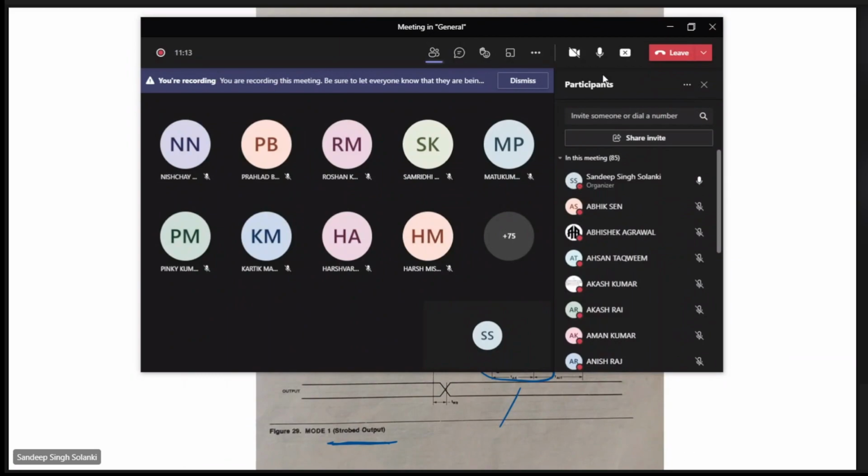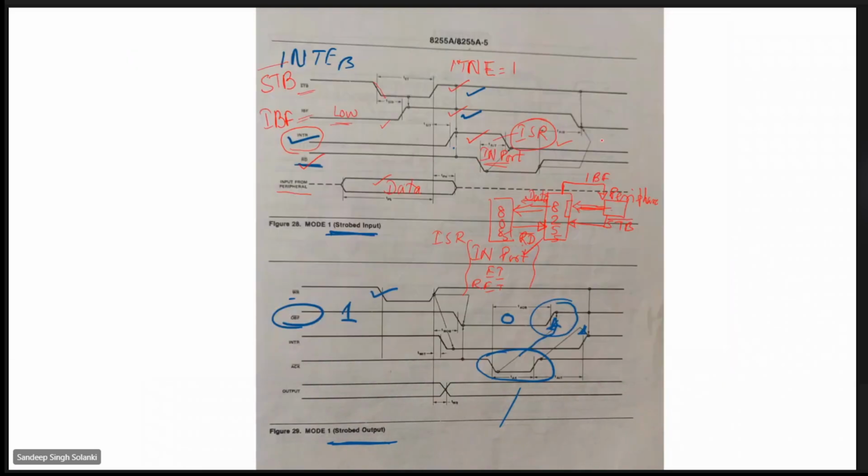Sir, I have a doubt. Could you show the slide? If we are supposed to read the input when RD bar goes low, shouldn't the input from peripheral also be available at that time? Peripheral is available all the time. But when the read is active, we have no relation with the peripheral.